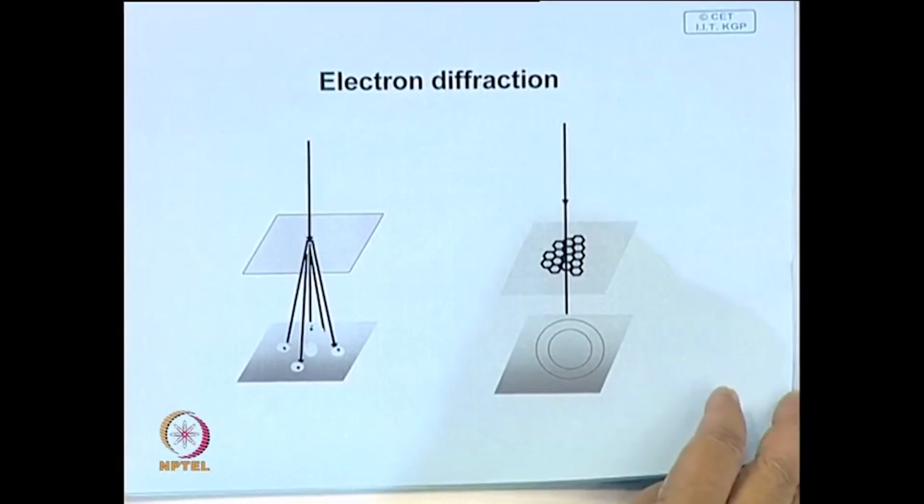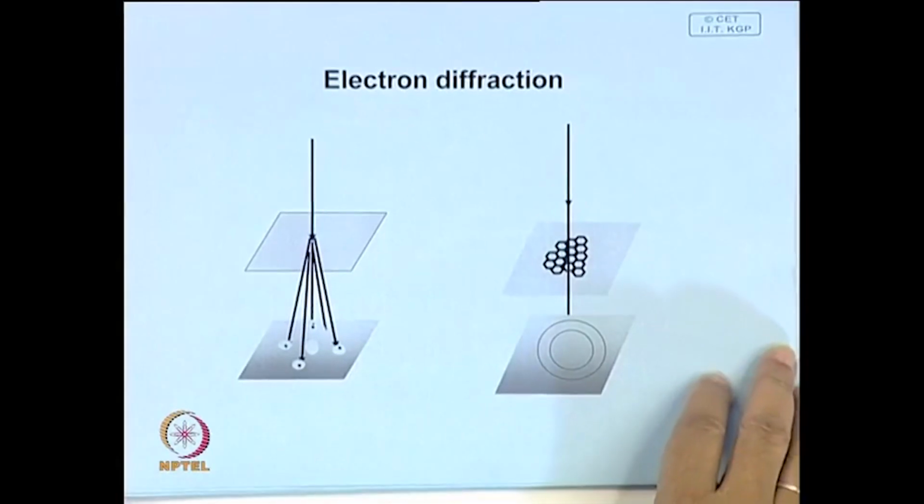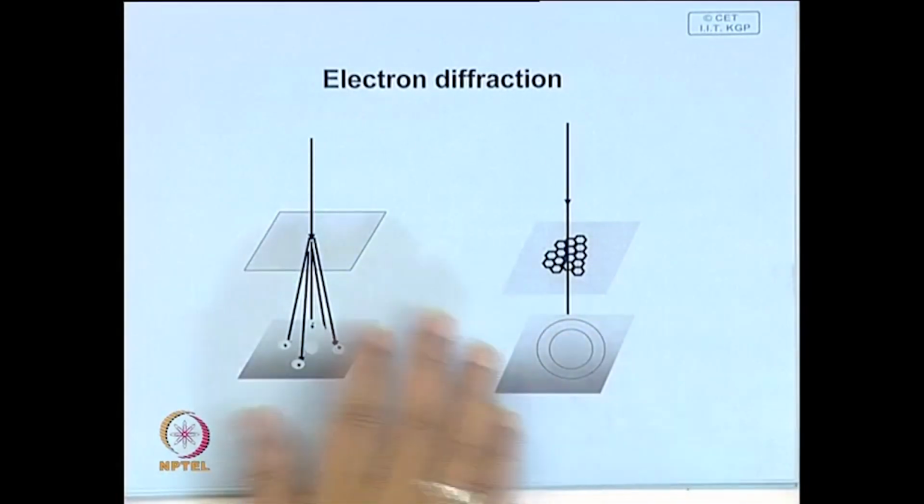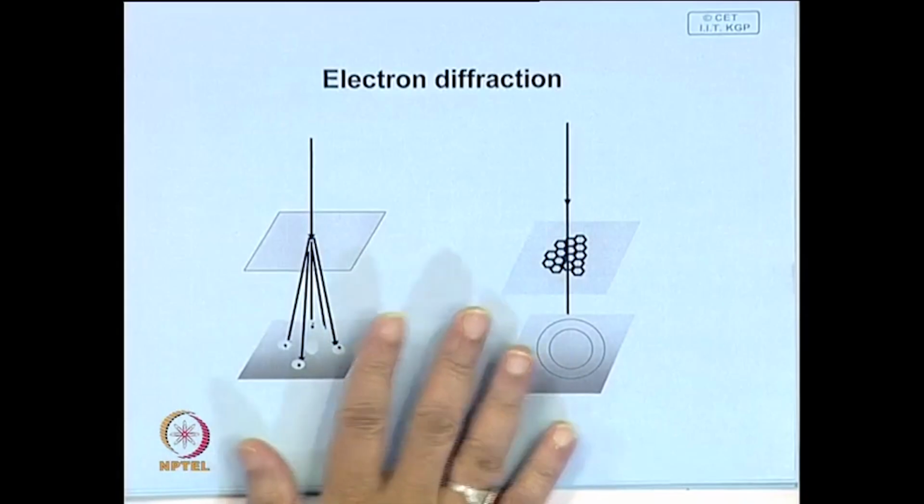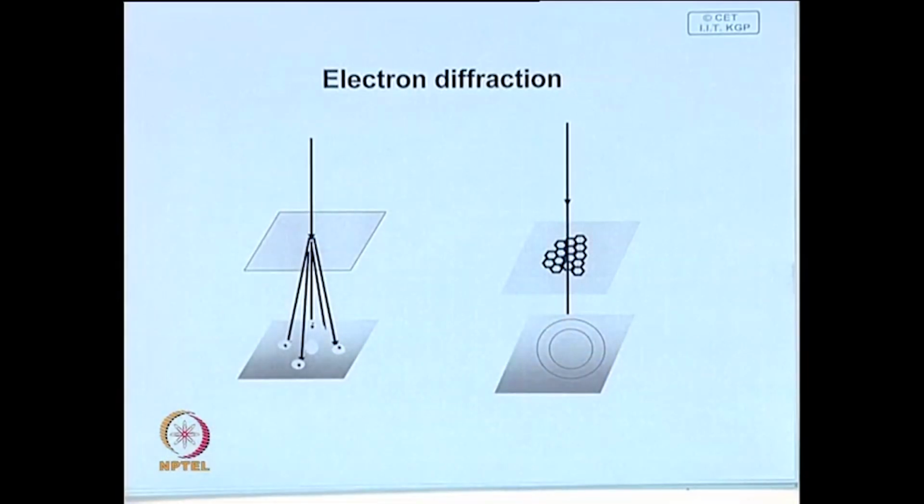In fact, these electron microscopes are indeed very powerful. Not only do they help you look at microstructures at very high magnifications with high resolution, but they also help you identify precipitates or some phases which you see in the microstructure by analyzing the diffraction pattern.